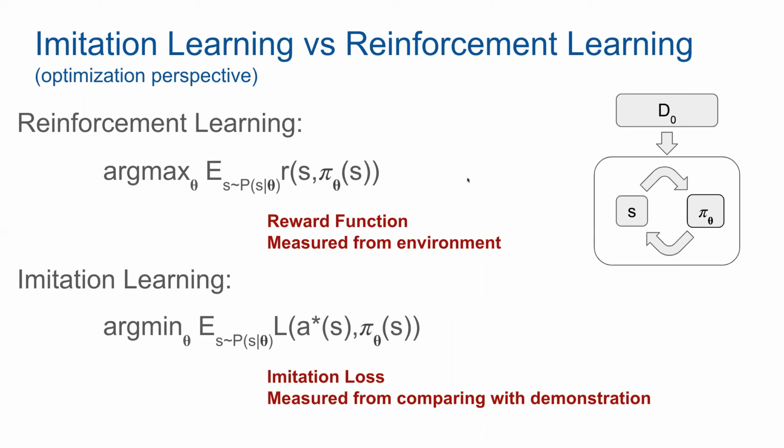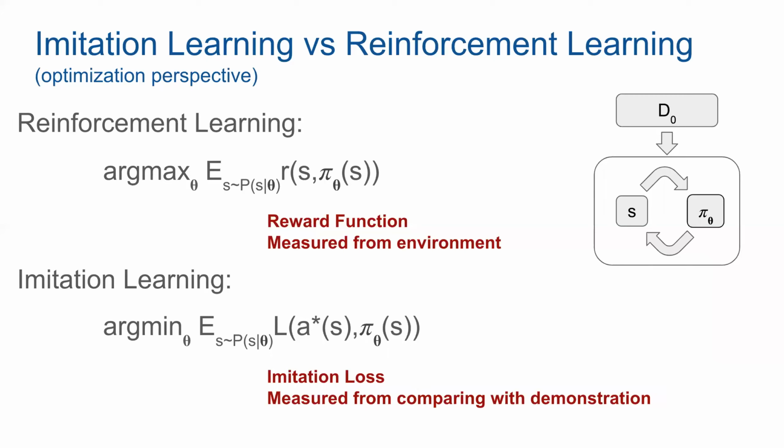Okay. So again, I'm going to write reinforcement learning here as a maximization problem over rewards. But you could also write it as a minimization problem over costs. The two are essentially equivalent, it's just how you decide to formulate the problem.